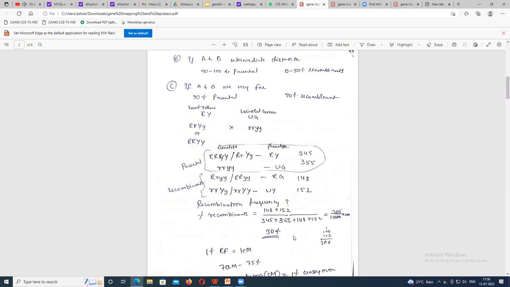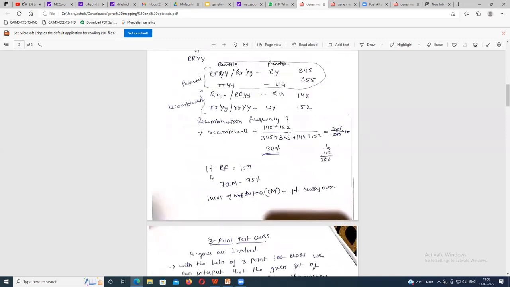So what does it mean? We got 30 here. There is 30% recombination, which means an intermediate distance. And there is one more concept you have to remember: 1% recombination frequency is equal to 1 centimorgan.